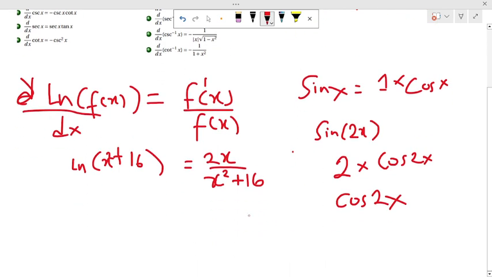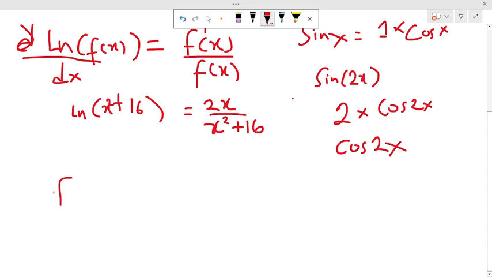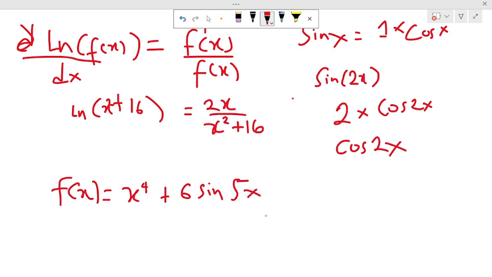So let's solve this example. f of x is equal to x to the power 4 plus 6 sine, let's say 5x, because I want you to use what I just taught to do this, plus ln 6x squared. Find the differential of f of x.